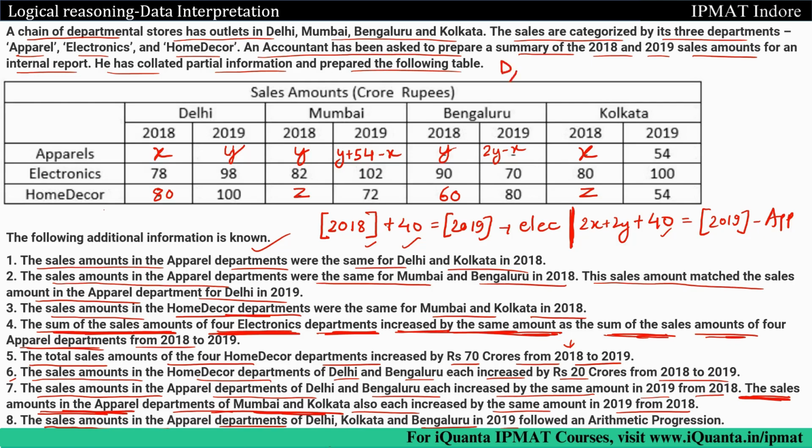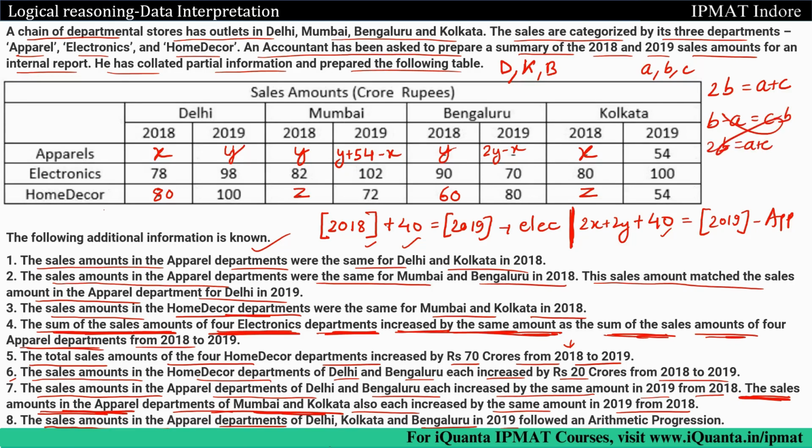So Delhi, Kolkata and Bangalore, and we are talking about apparel departments, these sales are in AP. So if 3 terms A, B, C are in AP, we can say that 2 times B is equal to A plus C. I hope this is understood. How do we do that? Because the difference between two consecutive terms is the same. So the difference between B and A will be B minus A. This should be equal to the difference between B and C, so C minus B. If you solve this, you ultimately get 2B equal to A plus C.